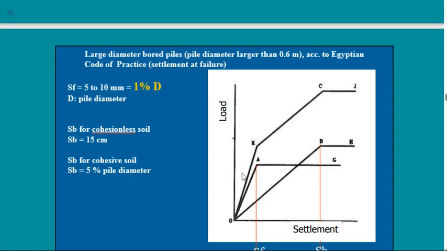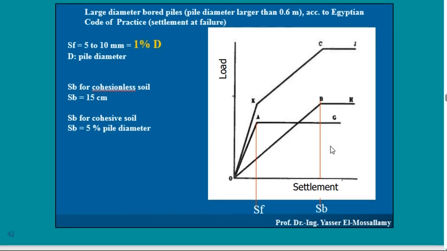To draw this curve, I need to know this point A. And to draw this curve, I need to know this point B, because if I know A and I know B, I will just connect A to 0 and go horizontally, and the same for B, connect it to 0 and go horizontally. So now I have 2 curves. So the code has given me these 2 points, point A and point B, giving me the settlement of point A and the settlement of point B, and the load of point A and the load of point B.